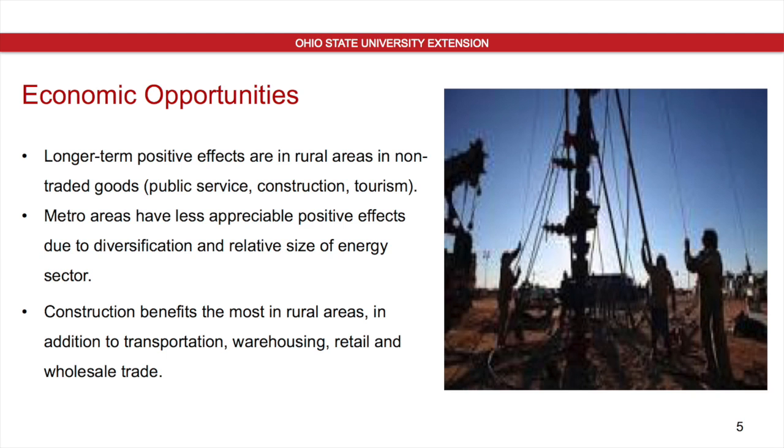Even though there are positive net spillovers for several sectors in rural areas, the longer-term positive effects are on non-traded goods employment, such as public service, construction, tourism, but not necessarily the manufacturing sector. Of the sectors that benefit in rural areas, construction benefits the most. Other sectors that benefit in rural areas are typically transportation, warehousing, retail, and wholesale trade.